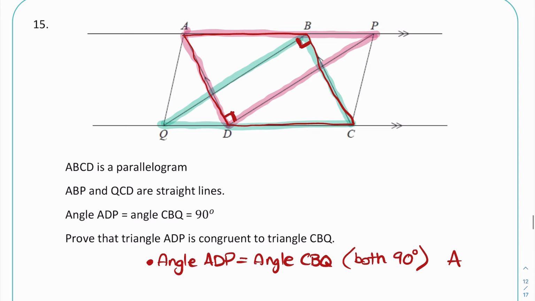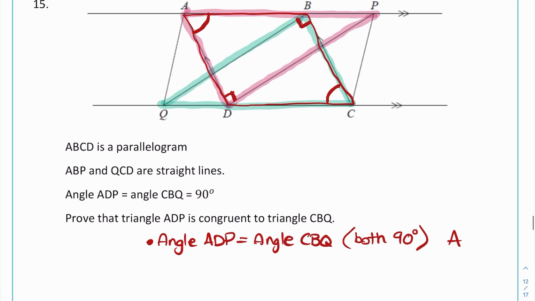If we then look again at the triangles, thinking about that parallelogram, is there any other angles that are the same? Well, within that parallelogram, ABCD, you've got this angle in the bottom of that green triangle, and you've got this angle here in the top of that pink triangle. So there, those angles are opposite angles in a parallelogram, and opposite angles in a parallelogram are equal. So that's another angle which we found in both triangles that's the same.